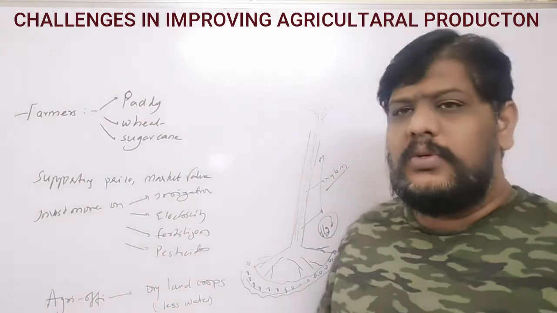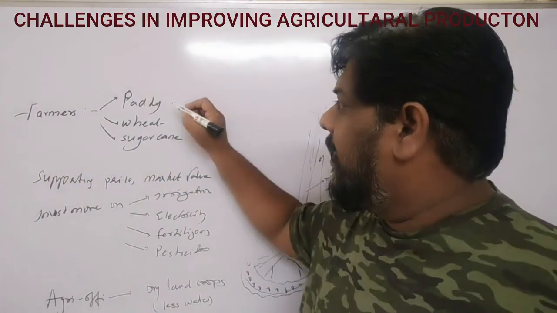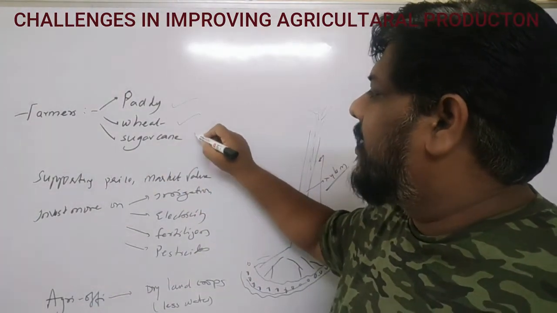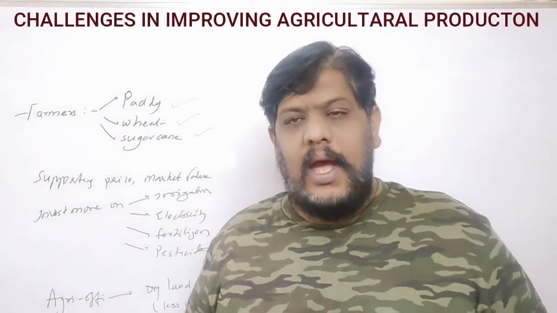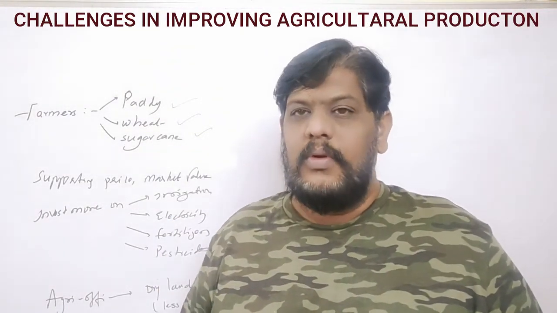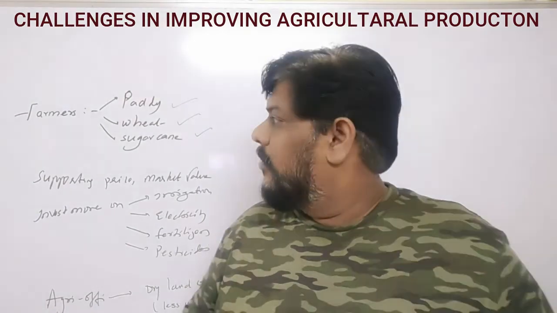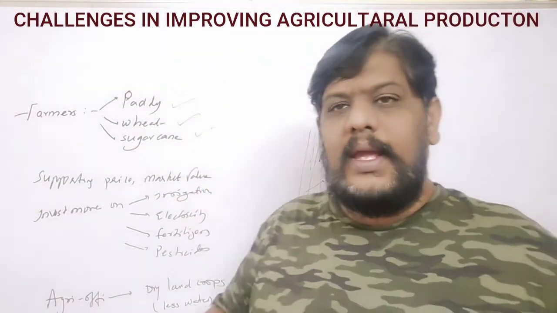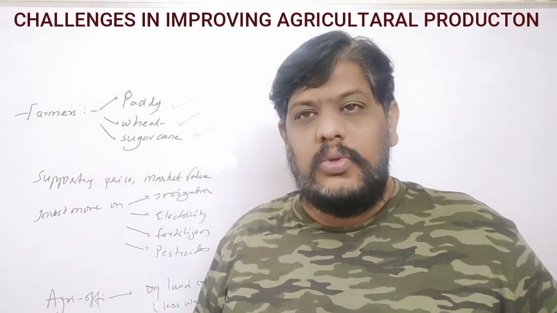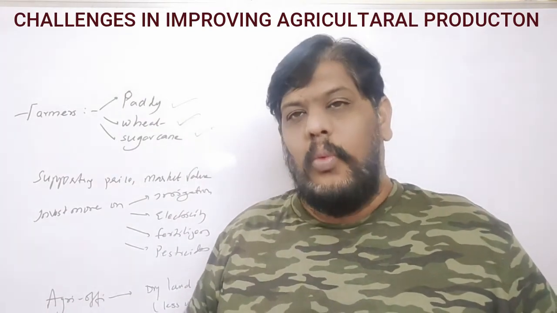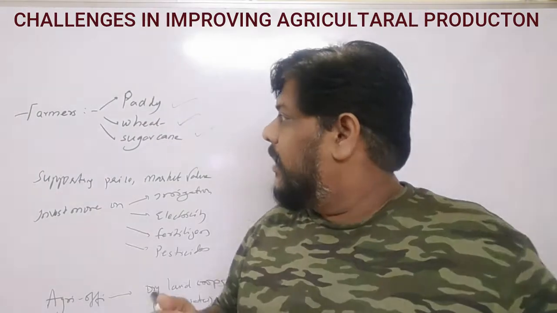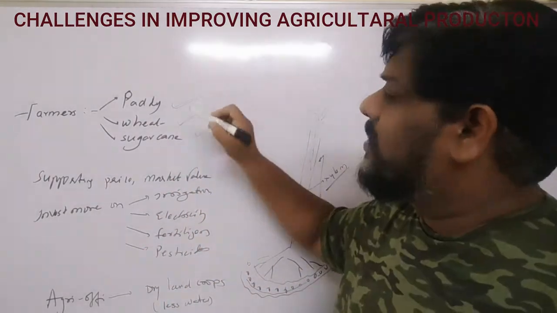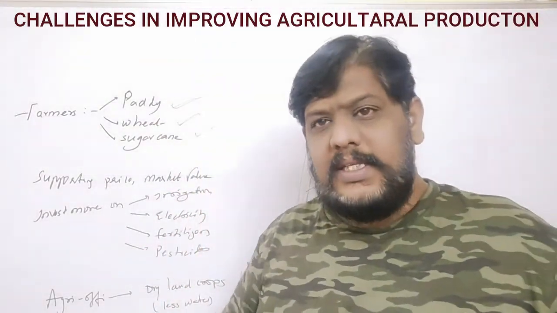So farmers are especially interested in growing paddy, wheat and sugarcane. What are the three crops? They are paddy, wheat and sugarcane. Now, why do farmers like to grow these three crops? What is the reason behind that? Paddy is the one which everybody eats every day.